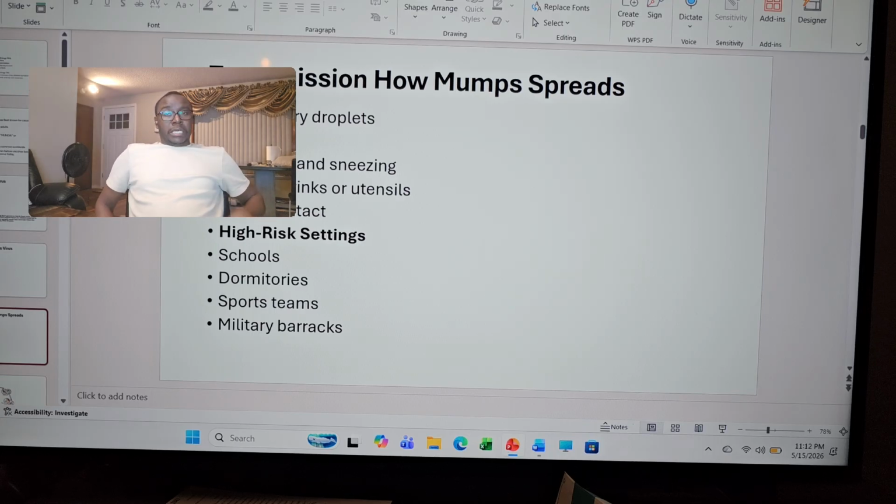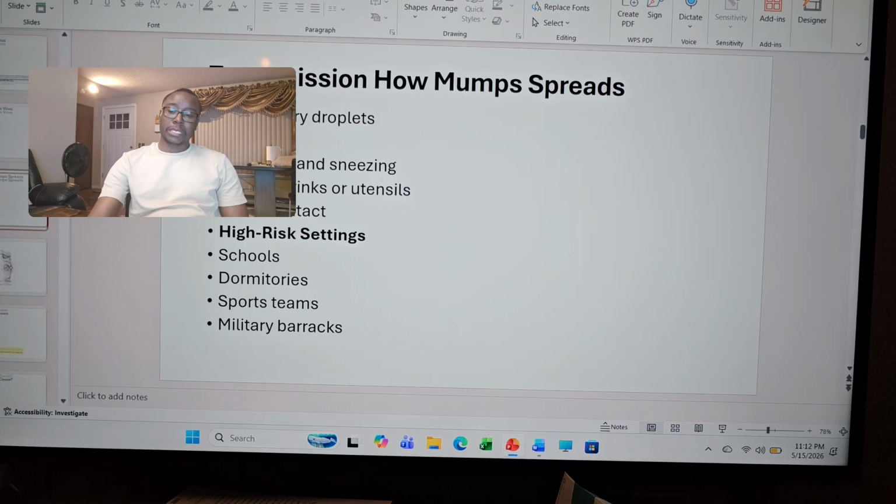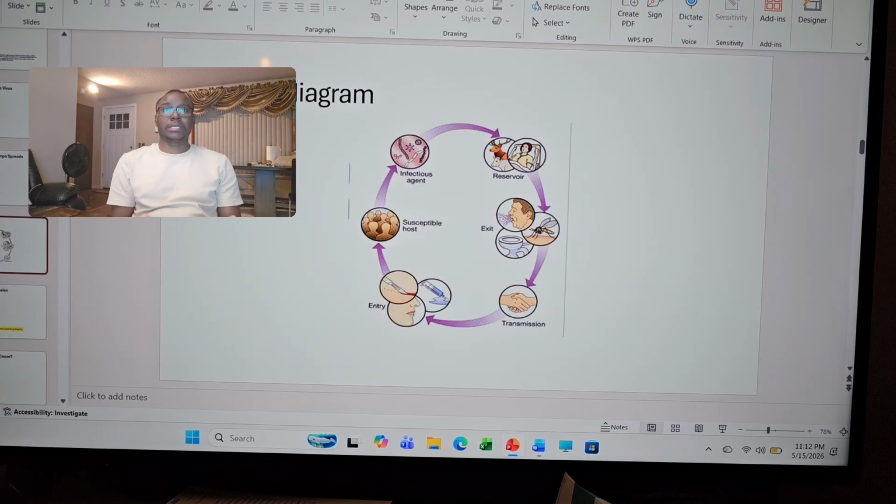Close contact, like if you're close to the person who is infected. High-risk settings, among them schools, dormitories, sporting events, and military barracks. Why? Just because it's crowded, it's easier to spread.